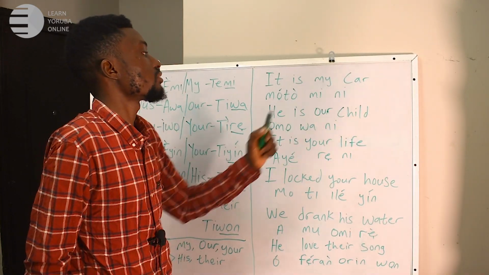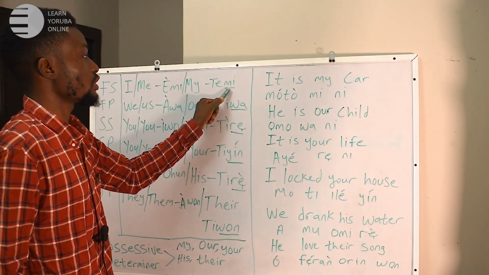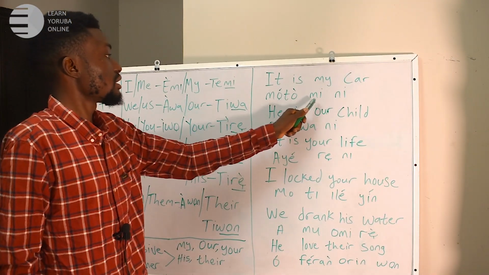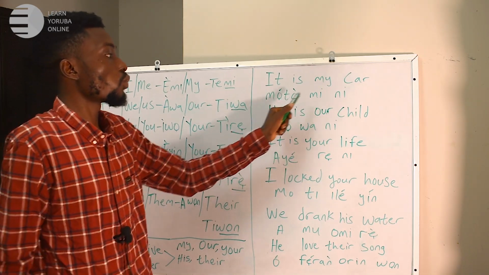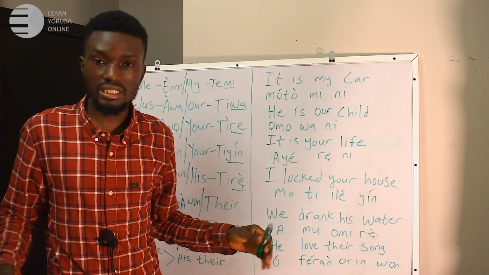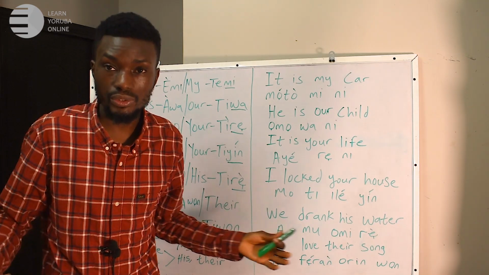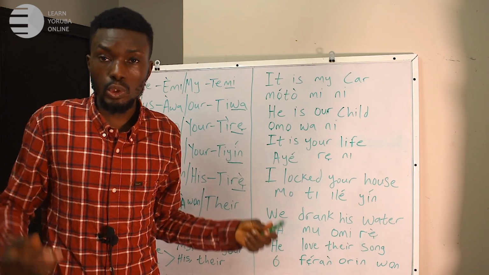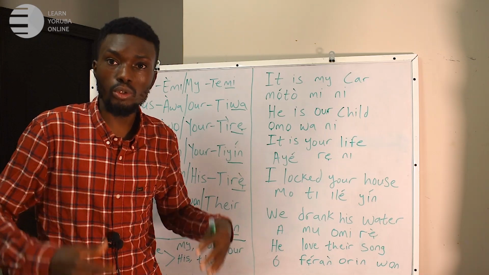So that's why it is my car. Mọ́tò is car. My, me, just as I said, it will be mi. When you want to use it as a determiner, this is mi. So mọ́tò mi, my car. If house in Yoruba is ilé, my house, it will be ilé mi. If it is my God, in Yoruba is Ọlọ́run, it will be Ọlọ́run mi.